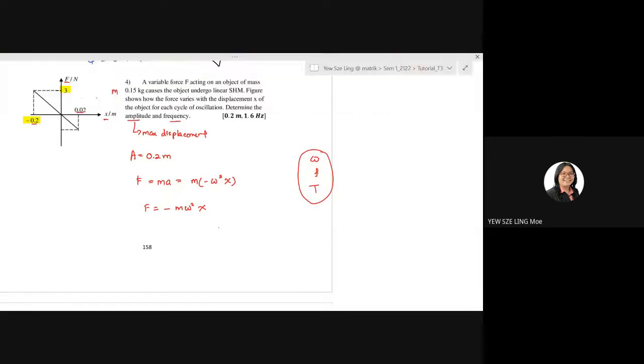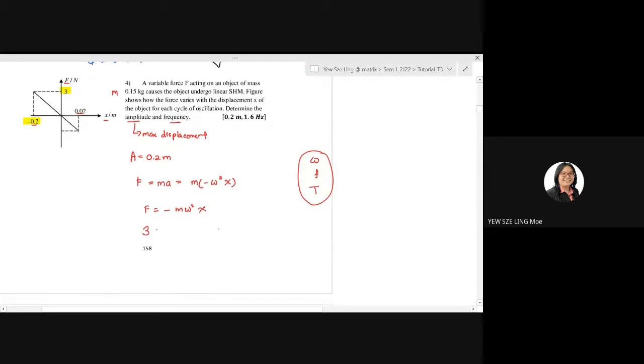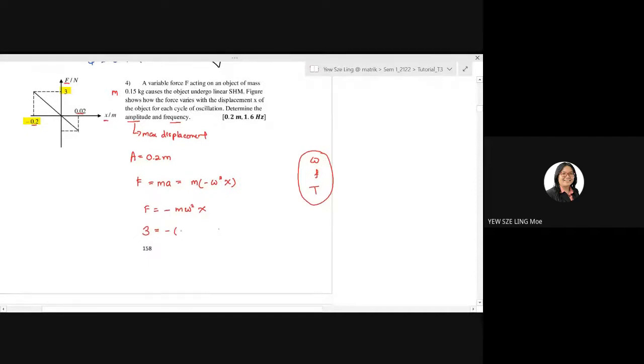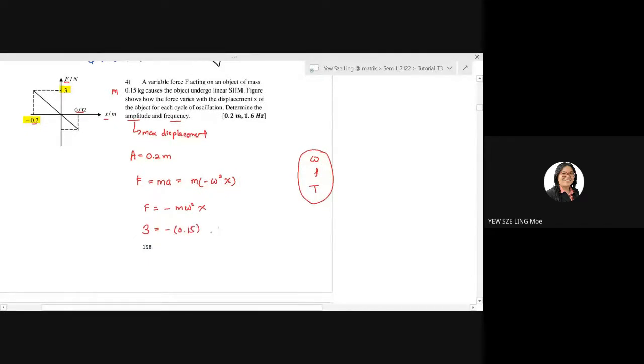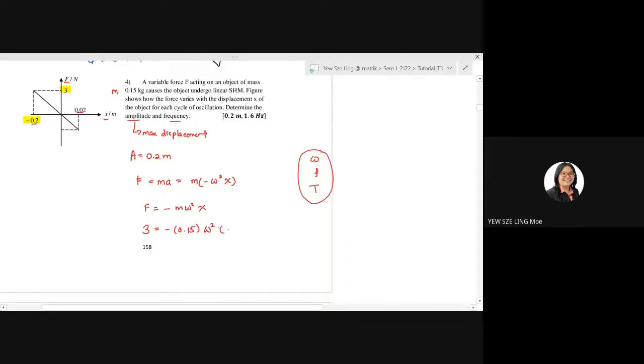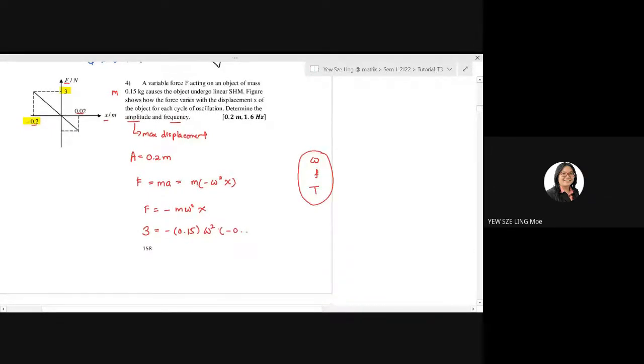That is the information we can extract from the graph. So 3 equals negative m, where m is 0.15 kg, times omega squared times x, which is negative 0.2.